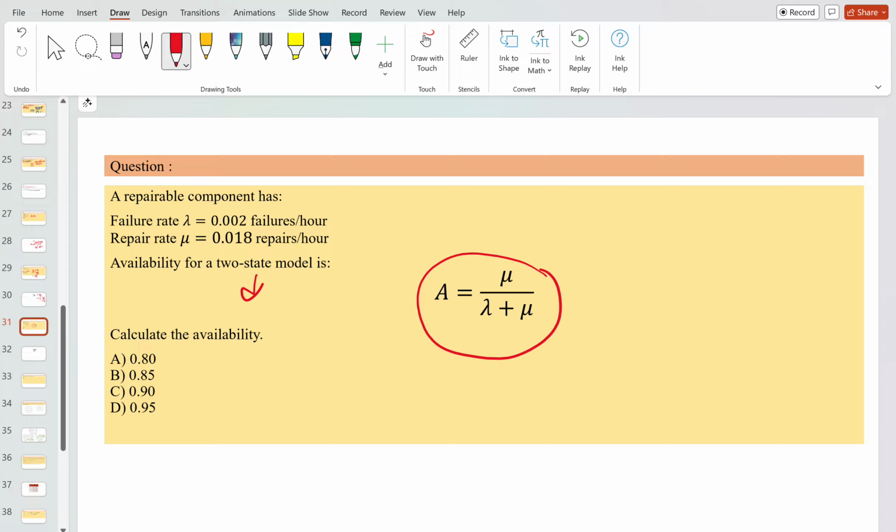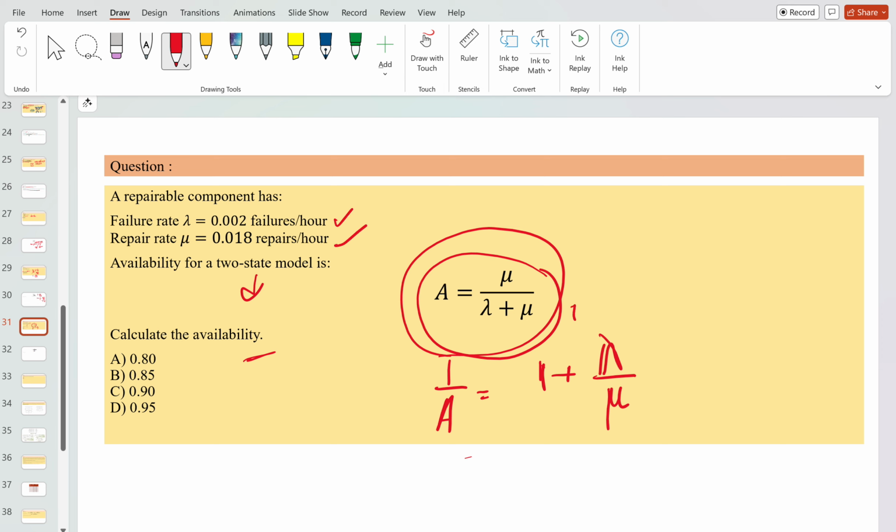So it will either be available or unavailable. The availability formula, if lambda and mu are already given, just put in the values and you can get the answer.